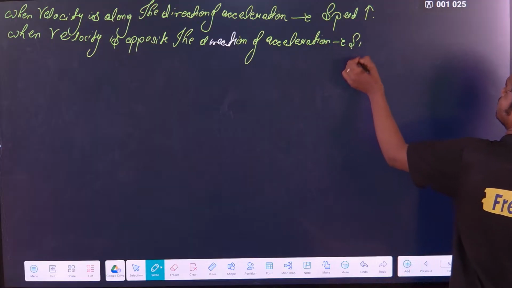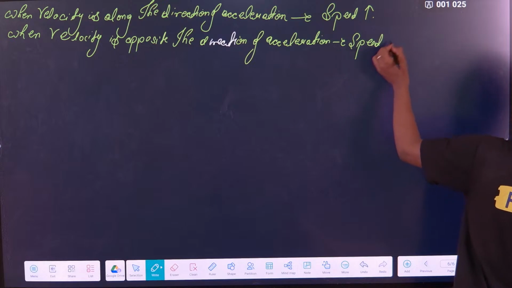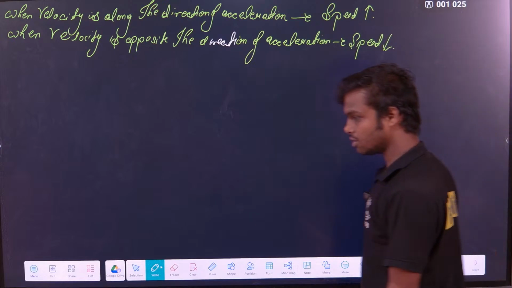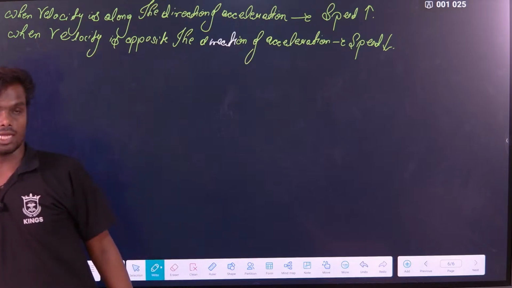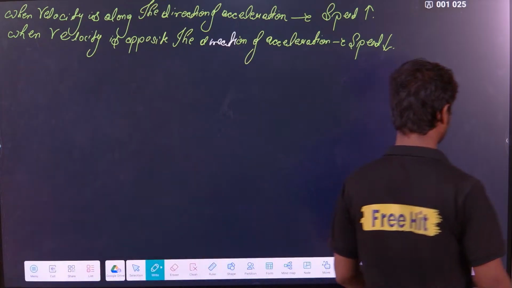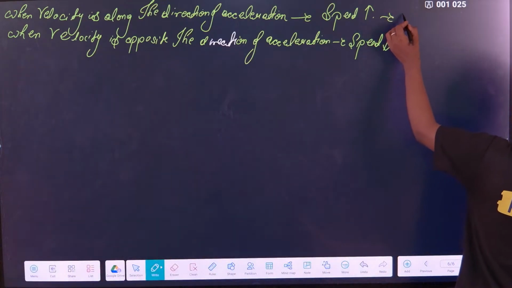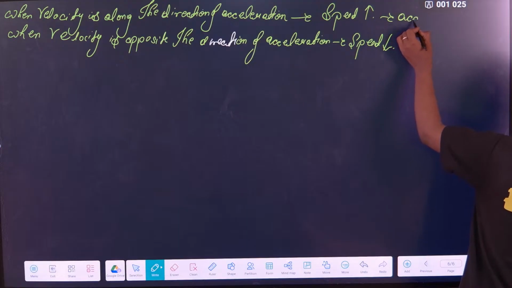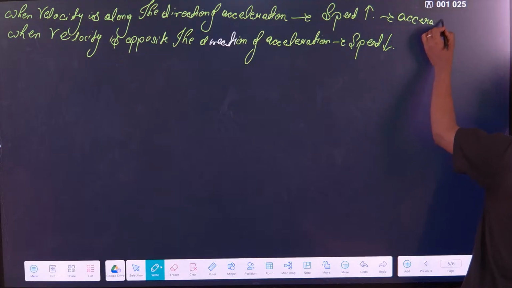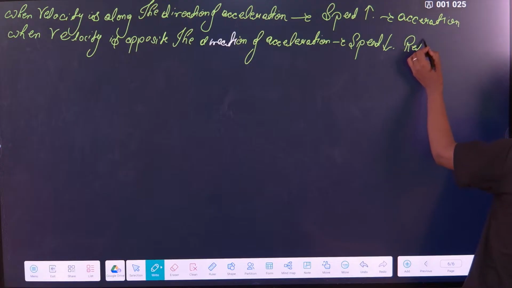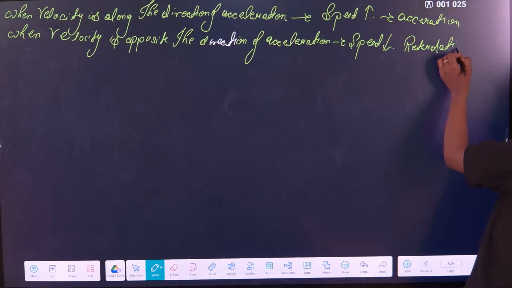My speed is going to decrease. Means there will be a decrease in speed. The increase in speed is termed as acceleration, and this is termed as retardation.